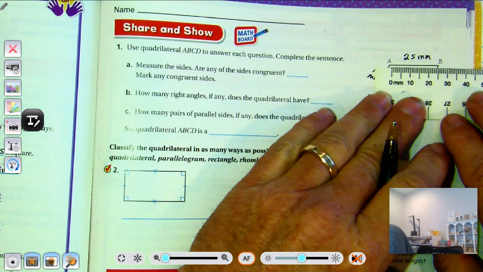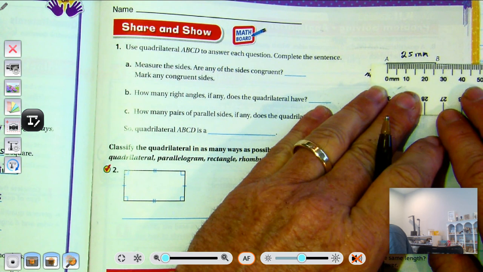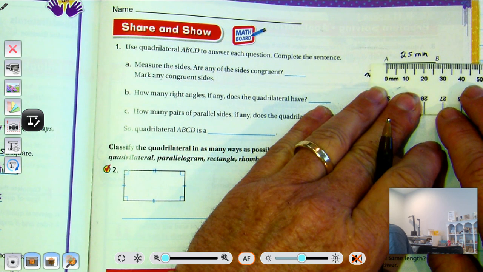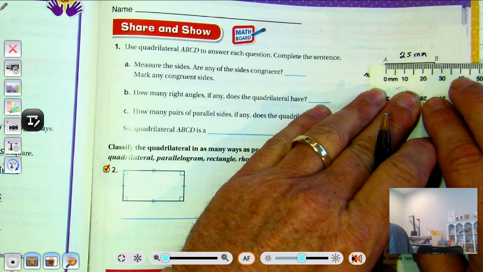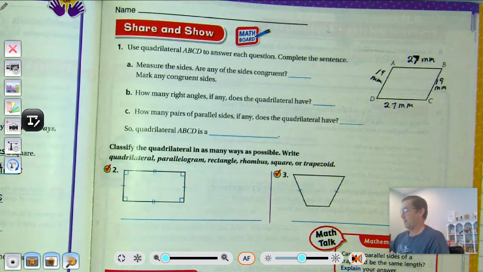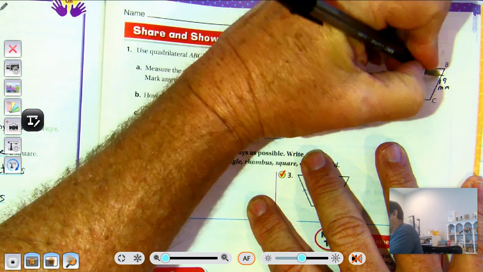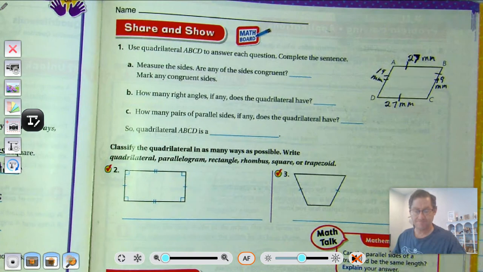Let me redo AB just to double check. Actually, I'm going to change AB to 27. All right, so we have those two equivalent and those two that are equivalent.